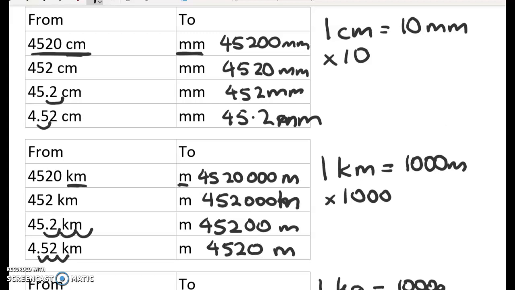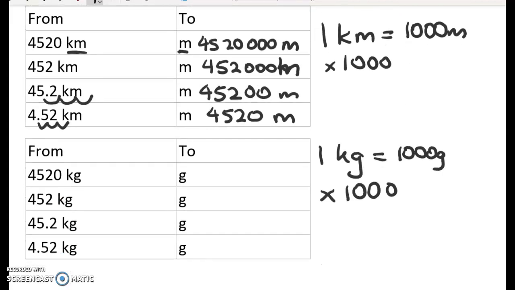Now I'm doing this quickly because we've done this already in our last topic, all right? Next one's kilograms to grams, same idea. We've got 1,000 grams in 1 kilogram, so we need to times by 1,000. So 3 place value columns of shift. This one, and I should write that nicely so that we can read it, right?